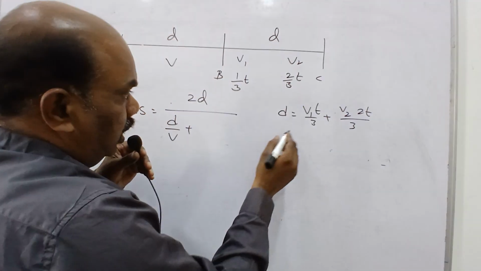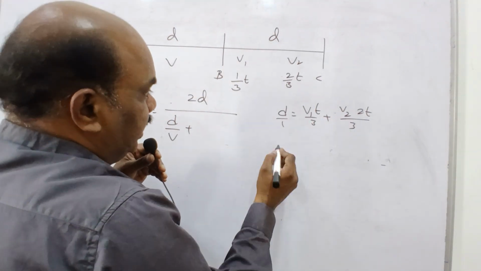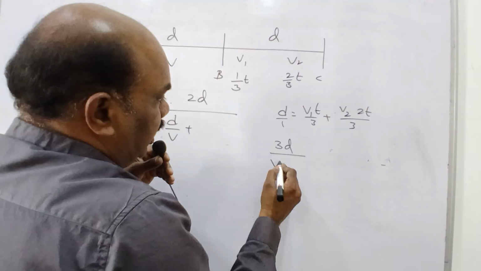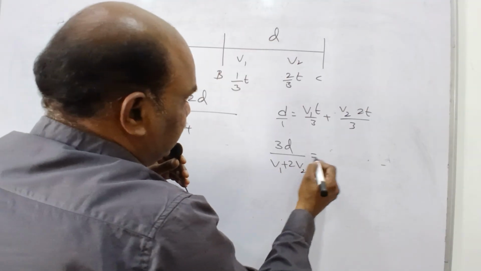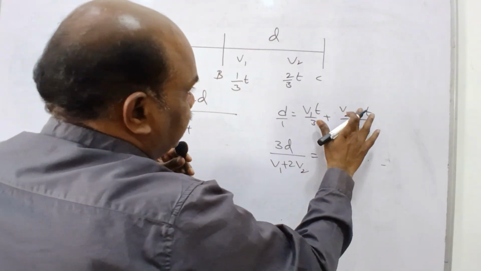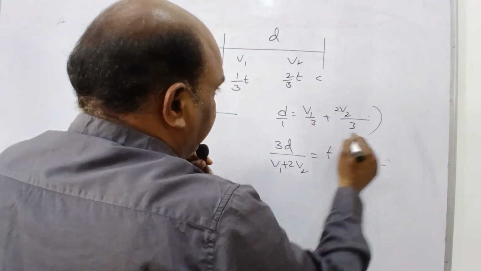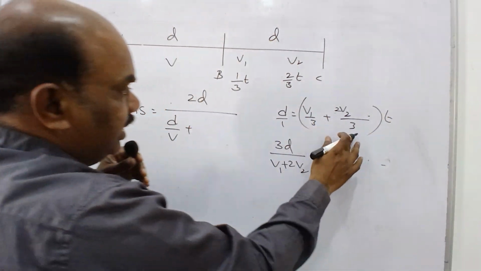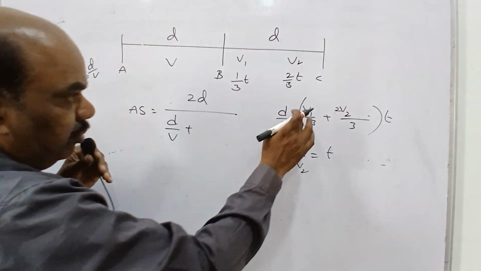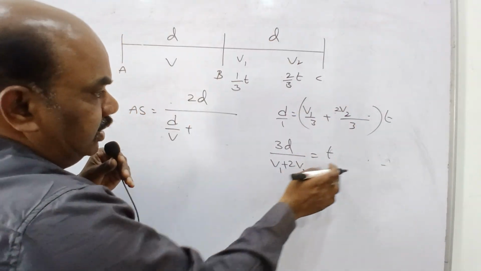So if you want t, cross multiply: 3d by v1 plus 2v2. This is what the t value is. This is 2v2. T take common and cancel. If you take t common, this total value 3 is the LCM. LCM comes into the numerator by v1 plus 2v2, is equal to t.